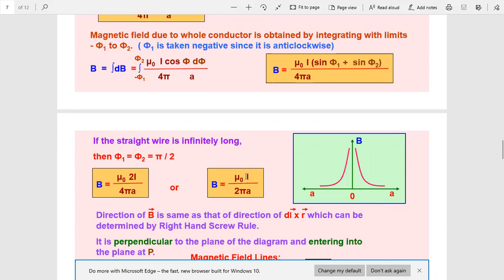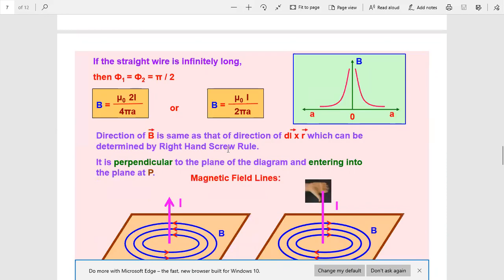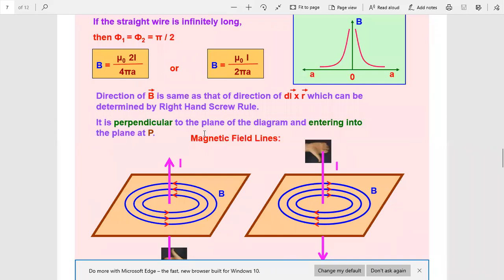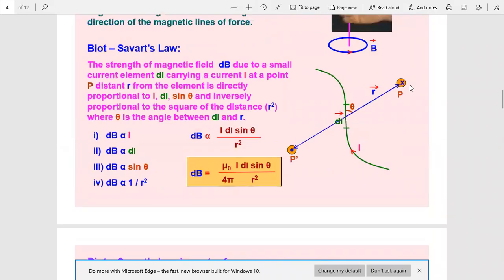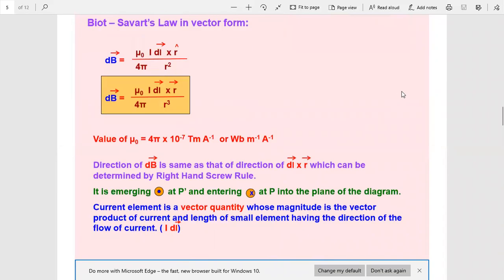on either side. Direction of magnetic field B is the same as that of the direction of vector dl cross r, which can be determined by right hand thumb rule or screw rule. Now it is perpendicular to the plane of the diagram and entering into the plane at P. That is, the conductor lies in the plane, but magnetic field will be perpendicular to the plane of the diagram.